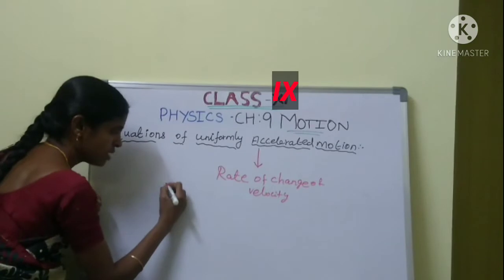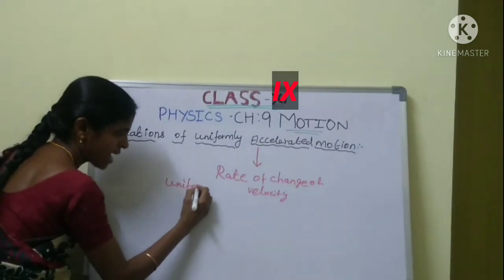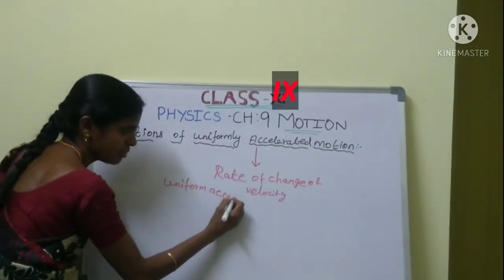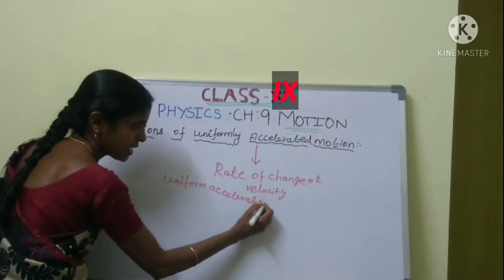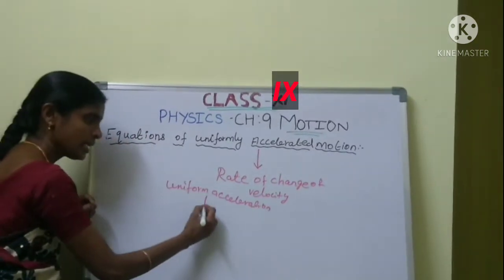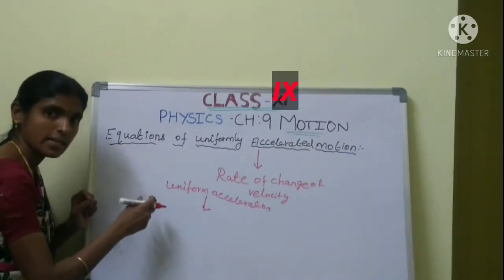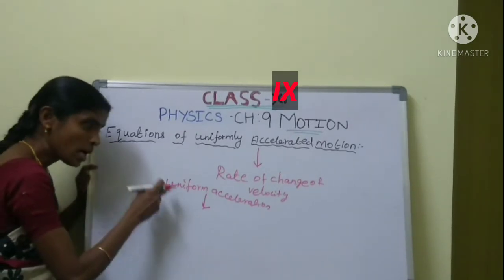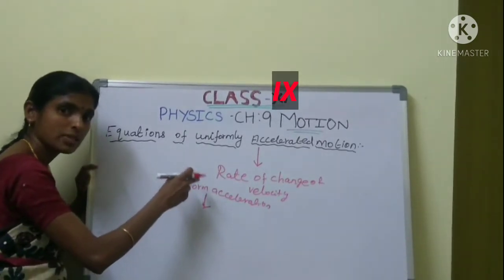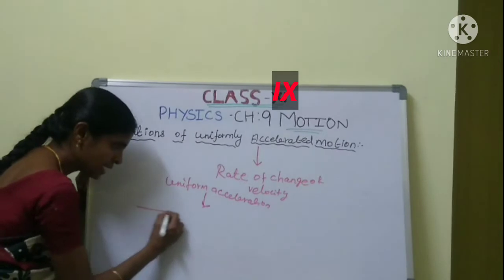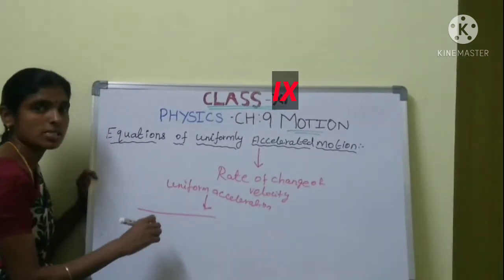Okay. What is meant by uniform acceleration? It means we give an equal amount of velocity in equal intervals of time.